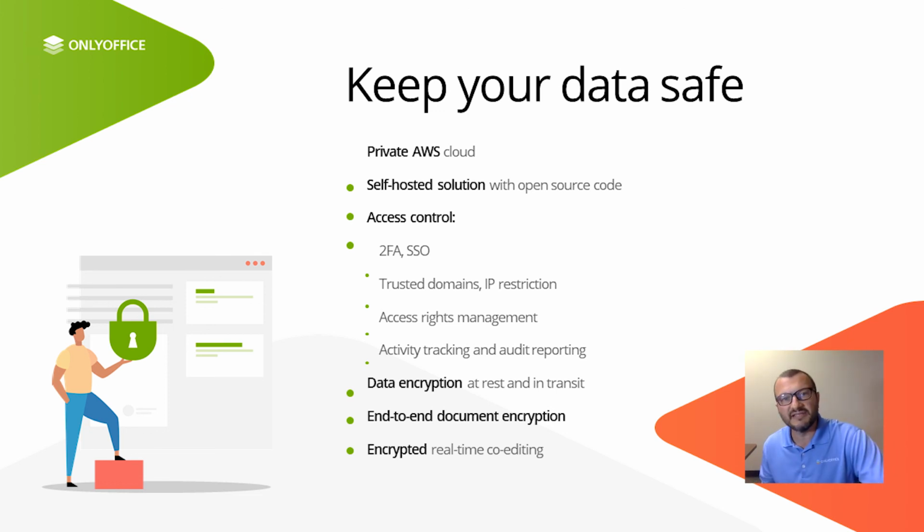On the OnlyOffice application side, you have two-factor authentication, single sign-on, trusted domain, IP restriction, access right management, activity tracking, and reporting. Document data is encrypted in transit and at rest end-to-end, even when you are collaborating on documents in real time.